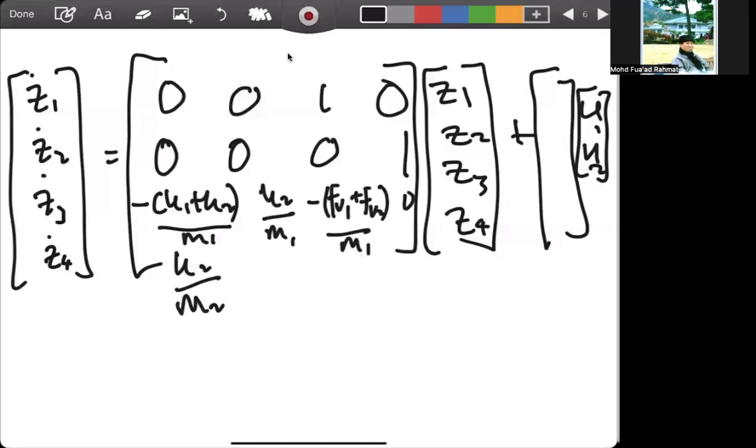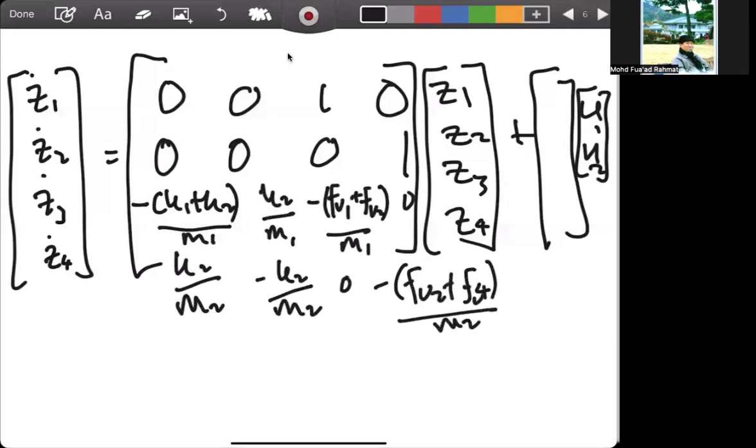The fourth is K2 over M2, minus K2 over M2, 0, minus FV2 plus FV4 divided by M2. So this is the state equation, matrix A. Matrix B is 0, 0, 0, 0, 1 over M1, 0, and 0, 1 over M2.